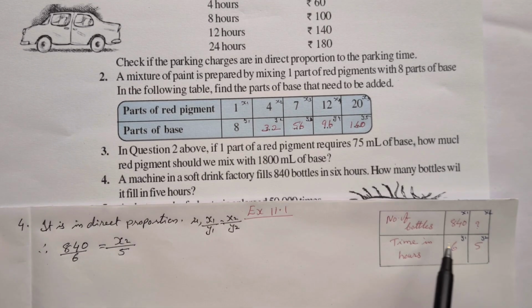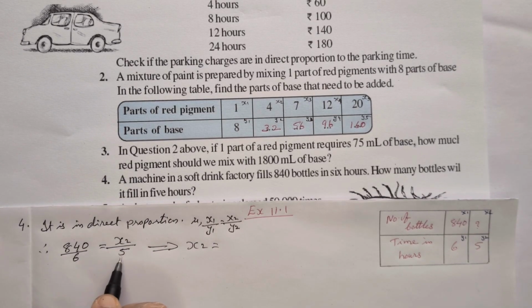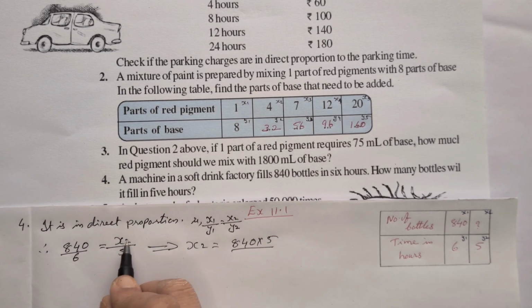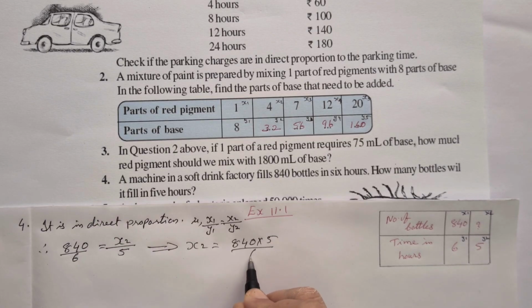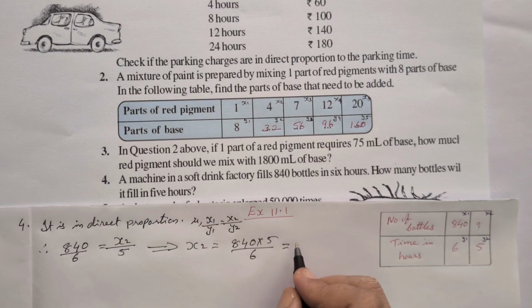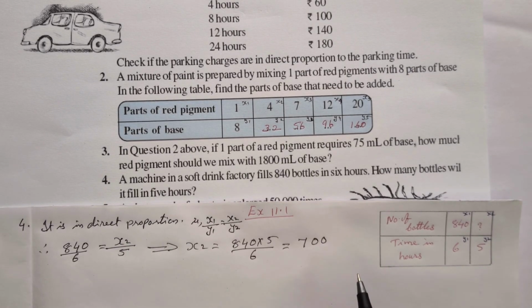From the equation we can write 840 by 6 is equal to h2 by 5, which implies h2 is equal to 840 into 5 divided by 6. After simplification we will get 700.